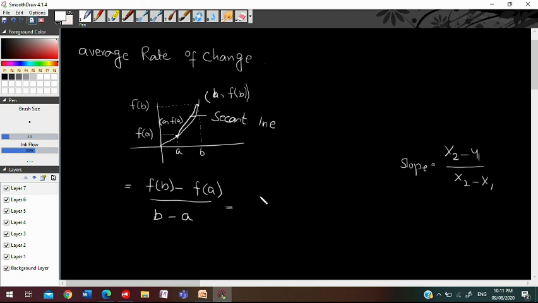In other words, we can say this is the change along y, and this is the change along x. This difference shows the change along the y-axis. This delta represents the change from the greater point to the lesser point, and delta x represents the difference x2 minus x1, or in other words b minus a.